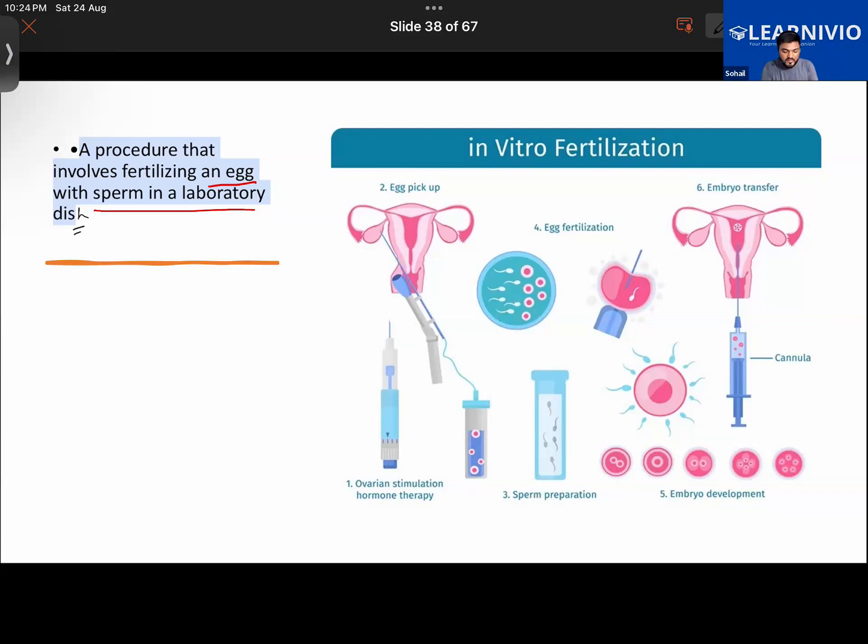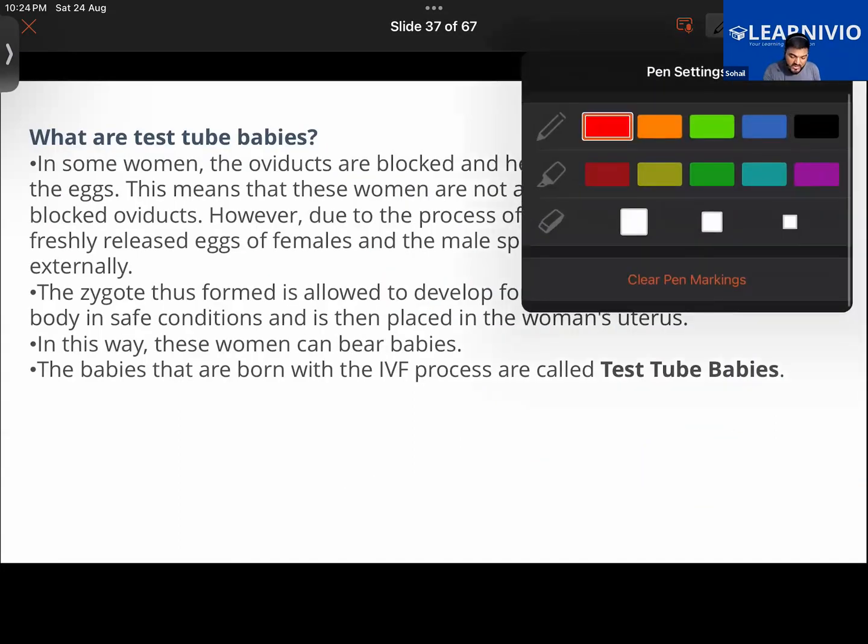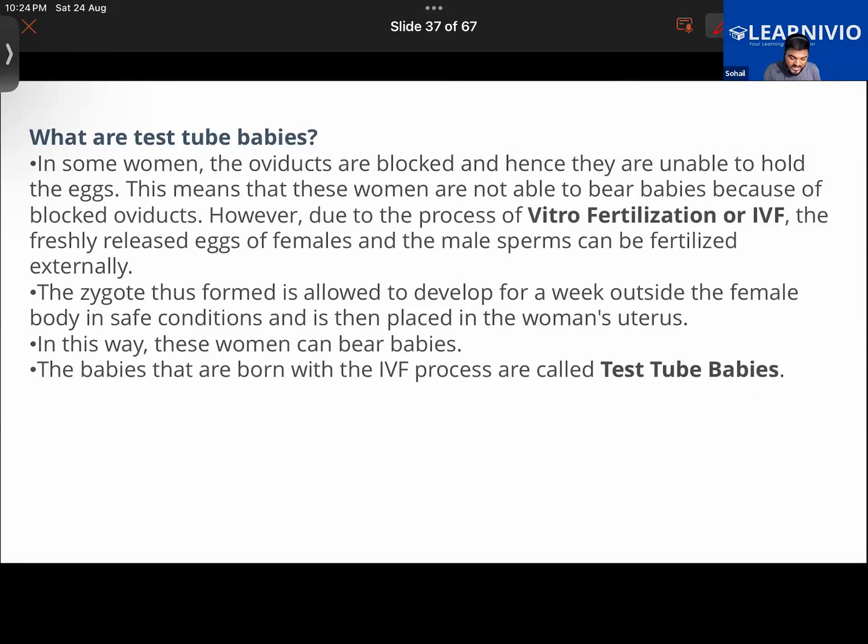As I said, the oviduct or fallopian tube in some women is blocked, either by birth, or through some injury or bacterial infection. So they will not be able to hold the eggs; the egg will not pass into the fallopian tube. Those women are incapable of bearing babies because of their blocked ducts.